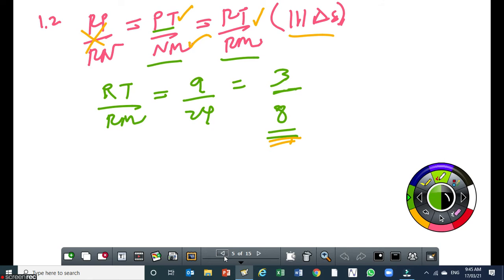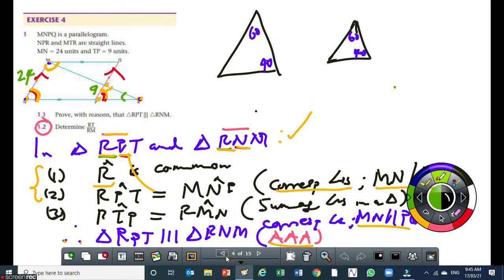And I got 3 over 8. 3 over 8 is just a ratio. RM is the full length of the side of the triangle. You see that here? We have got RM. RT is part of RM. Do you agree with me on that? Yes. So if I call RT 3x, it means RM will be what? 8x.